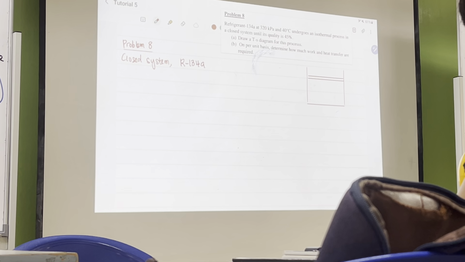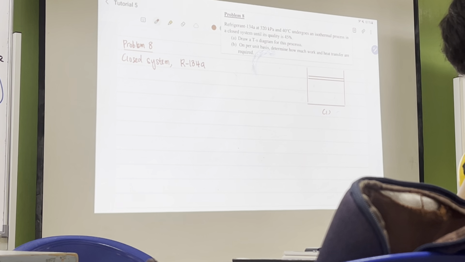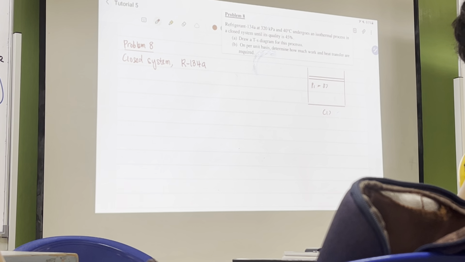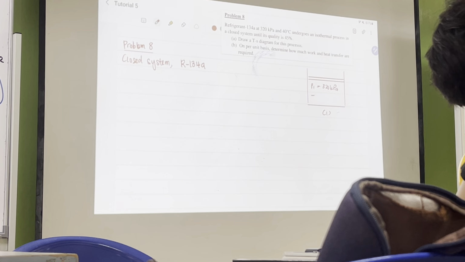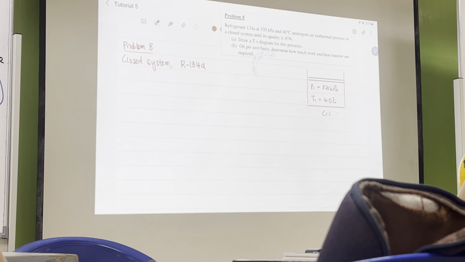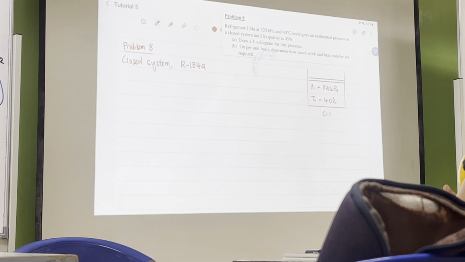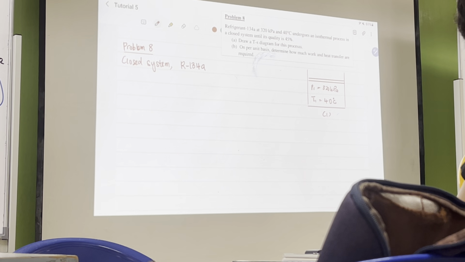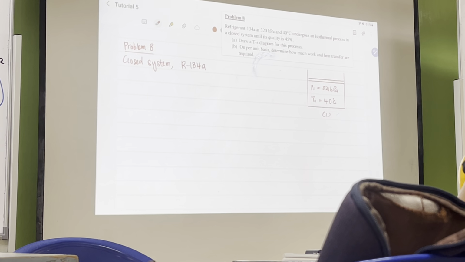Initially the pressure is 320 kilopascal and the temperature is 40 degrees Celsius. It undergoes an isothermal process in a closed system until its quality is 45%. So we know that x2 is 0.45.